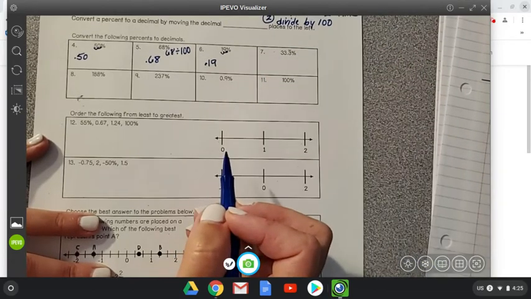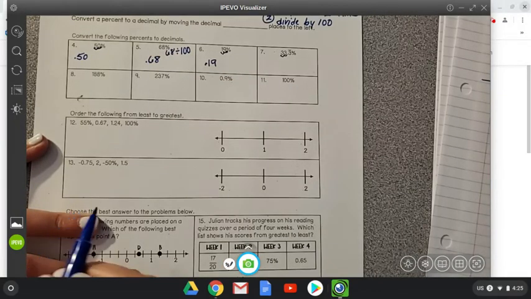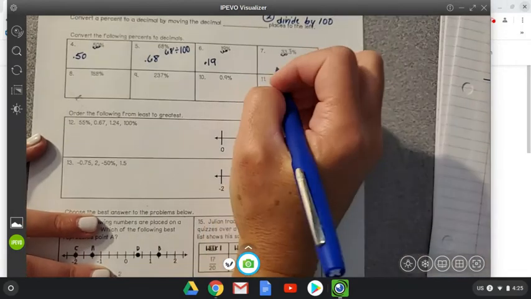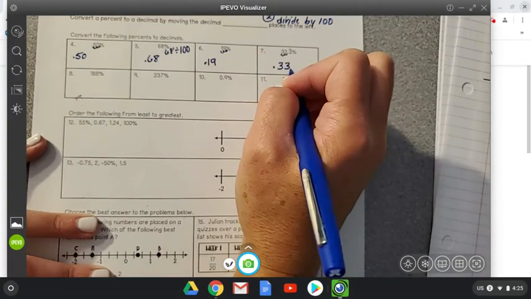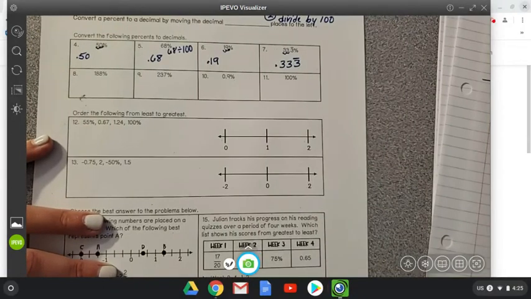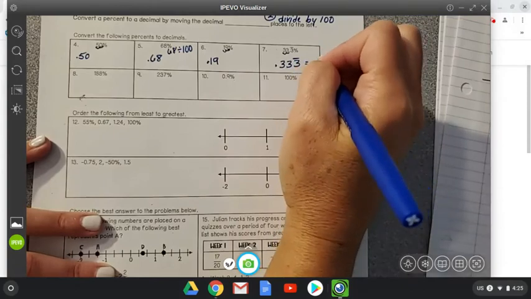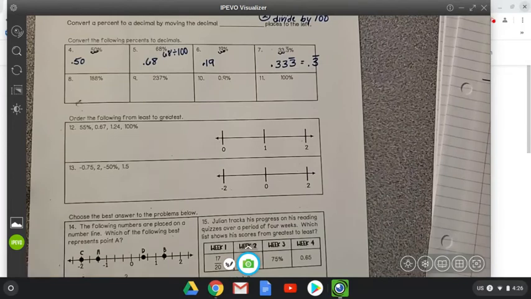If I take that decimal and move it 2 places to the left, it's going to give me 0.333 repeating. And so you can put that line on any threes. You could write that as 0.3 repeating. You only have to put 1 3 as long as you show that it repeats. All right, I'm going to let you guys do 8, 9, 10, and 11 on your Ed puzzle, and then we'll check on when we come back.